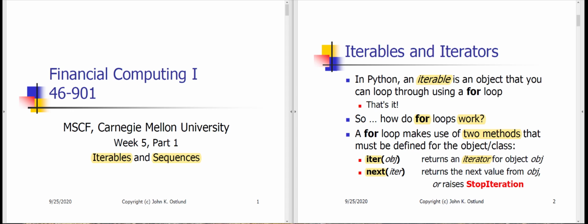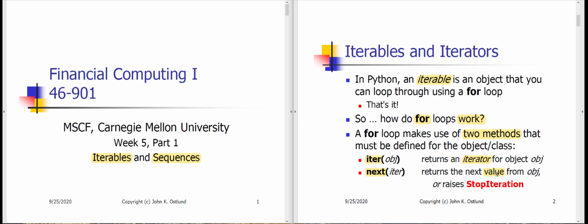Okay, so we set up an iterator for an object. That object might be something like a list or a tuple or a set, for example. And what we get back is this iterator that we can hand to the next function, and the next function returns the next value from that object through that iterator.